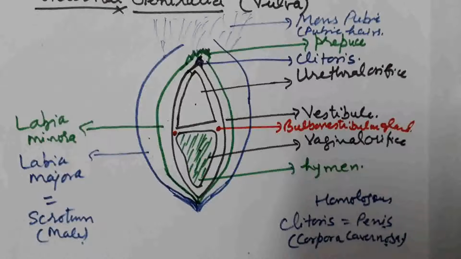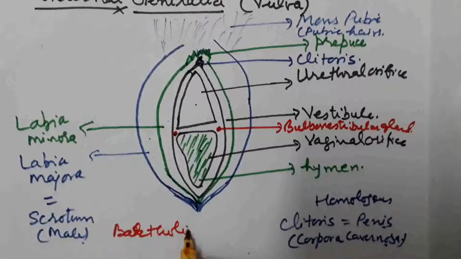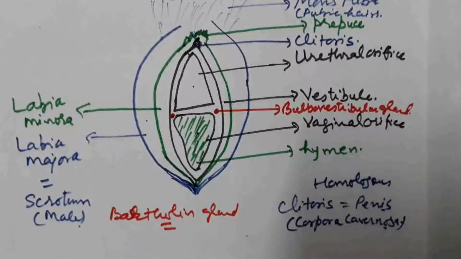We also call them Bartholin's glands. This Bartholin gland is homologous to Cowper's gland.